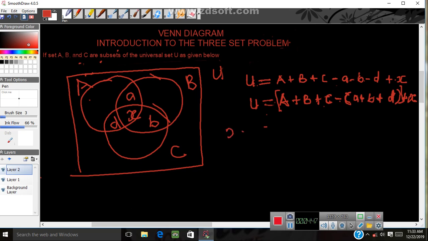So in that case, I'm going to get my X to be equal to the universal set, which is what remains there, minus the block as I lifted it.